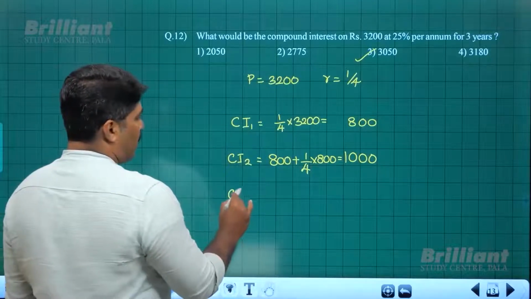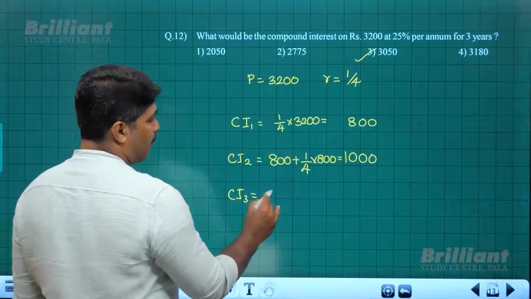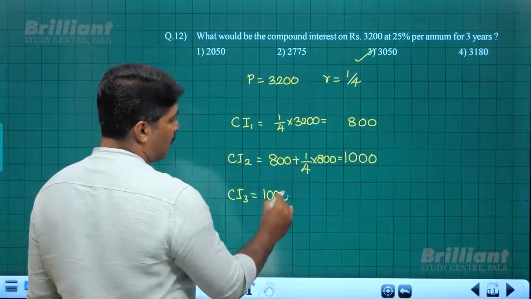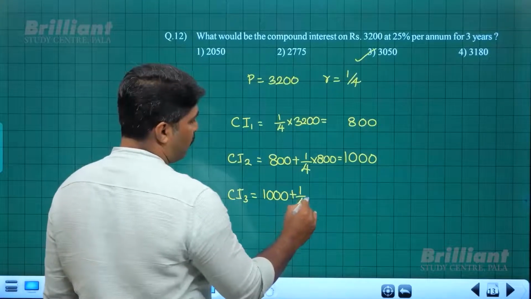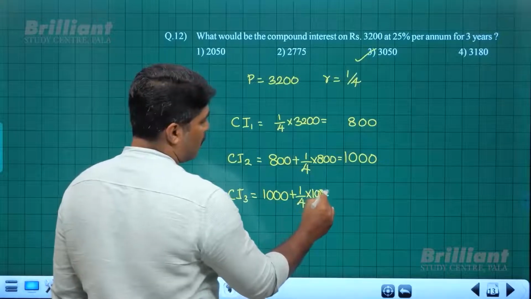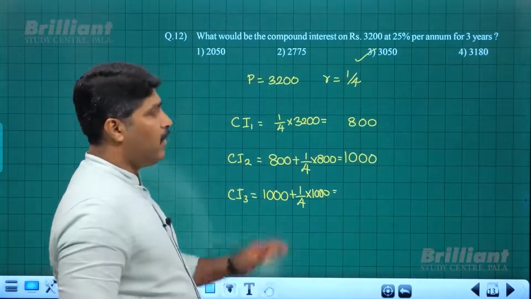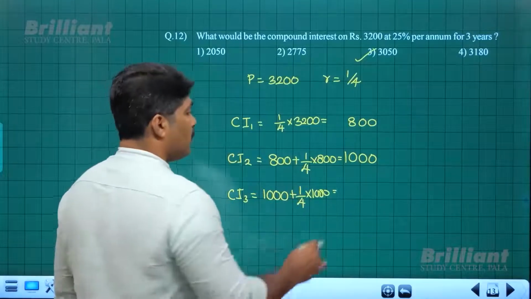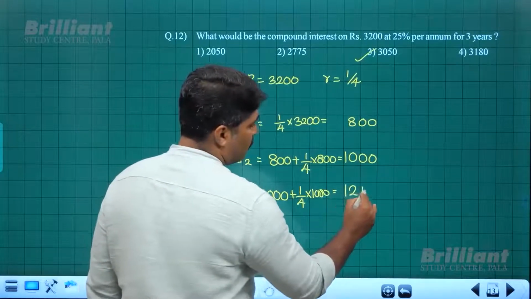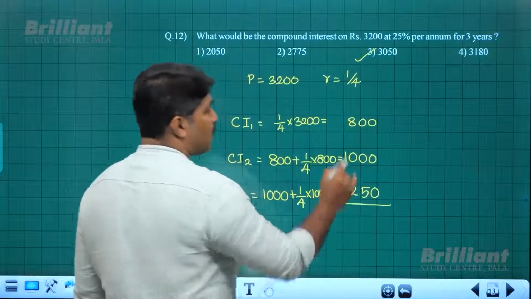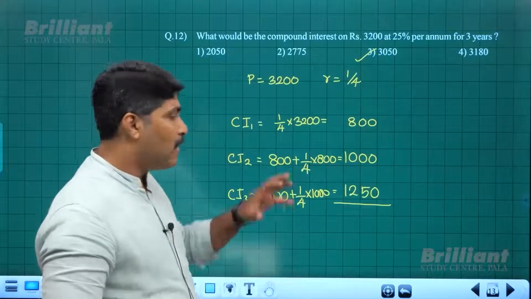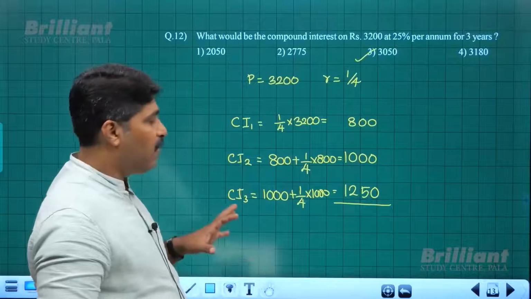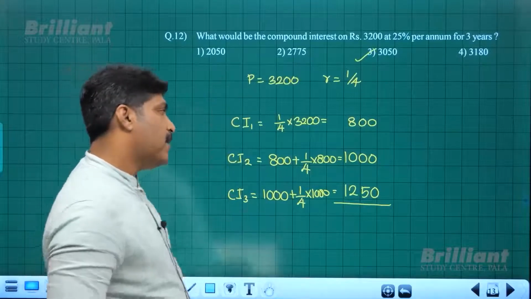And the next one, the compound interest for the third year, that is 1000 plus 1/4 of 1000. Good. So 1/4 of 1000 is equal to 250. 1000 plus 250, that is 1250. So these are the 3 years' interest. Separately we found it and just add up together.